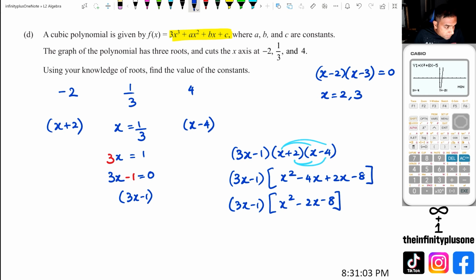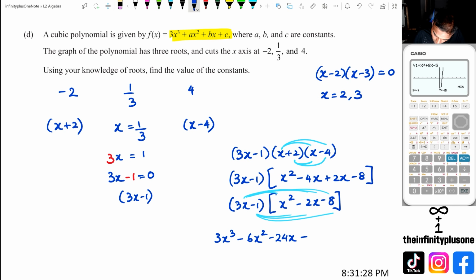So now I've got to expand these brackets out. I've got to do 3x times all of those three things, and then -1 times all three, so it should be 6 terms altogether. So 3x times x squared is 3x cubed. 3x times -2x is -6x squared. 3x times -8 is -24x.